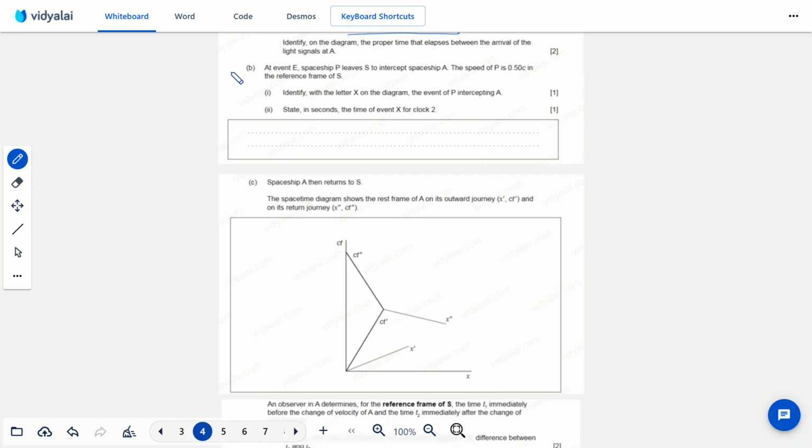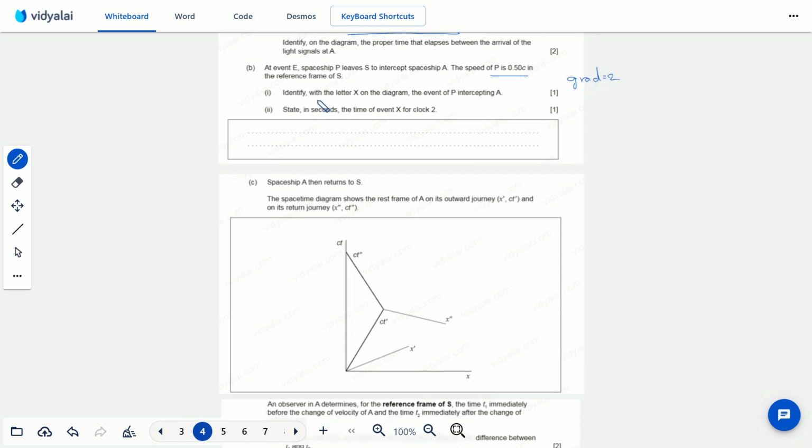So in part B, they're saying that there's another spaceship P that leaves S at event E and then intercepts A. The speed of P is given to be half the speed of light, so its gradient in the space-time diagram will be twice that of light, so it should be 2.